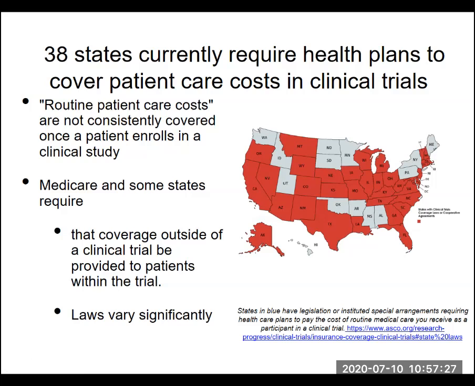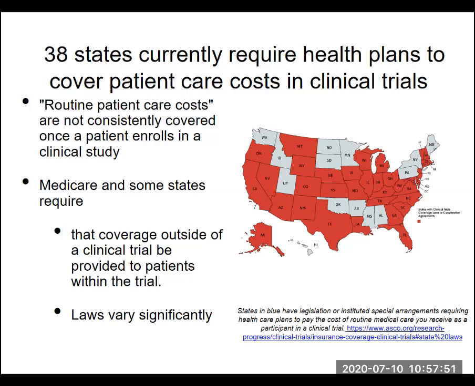And so to address that, these states in red are, hopefully I get this one right, I can barely read it over here. The states in red have clinical coverage so that they will continue to provide, again, those routine costs when the patient registers to participate in a clinical study or a clinical trial.